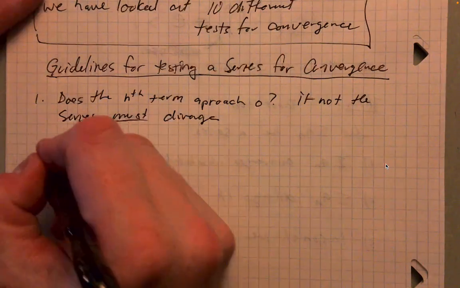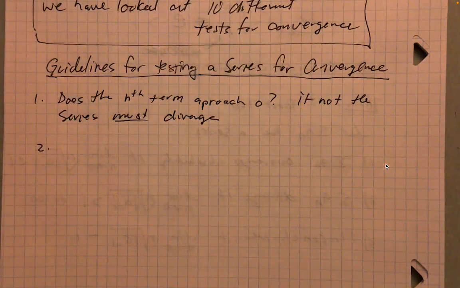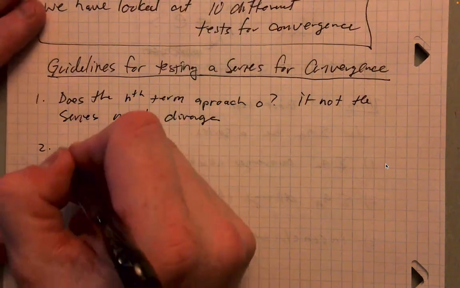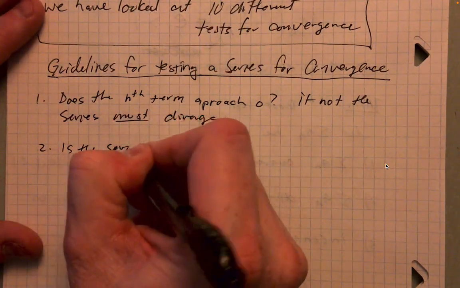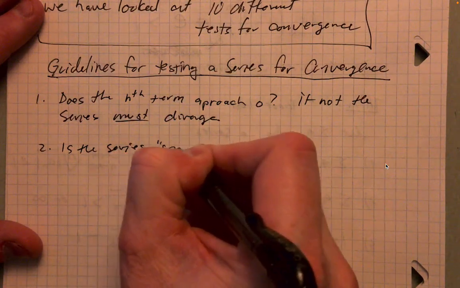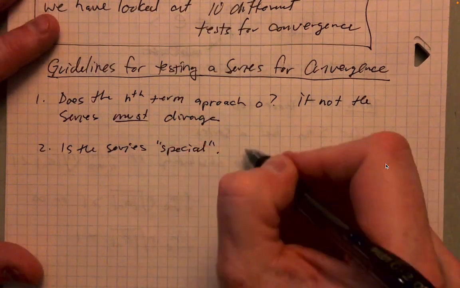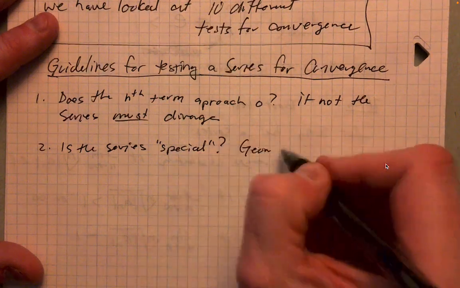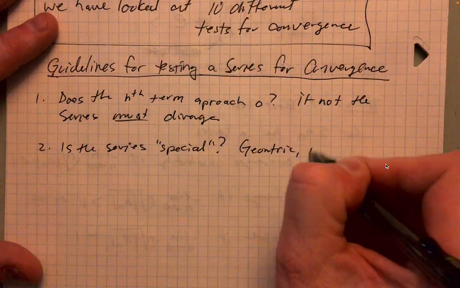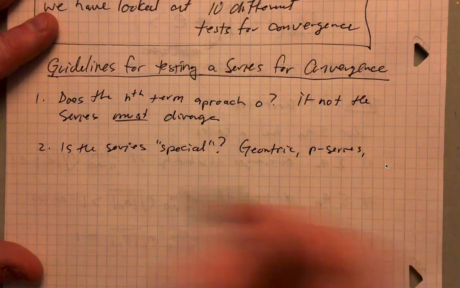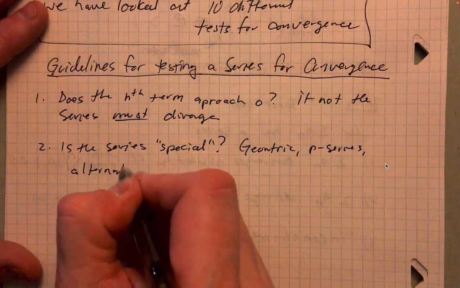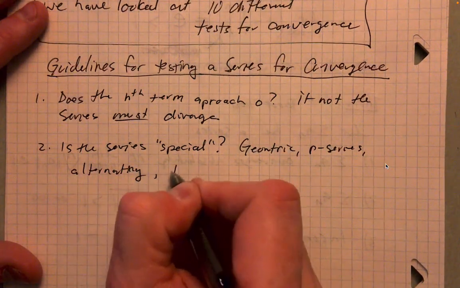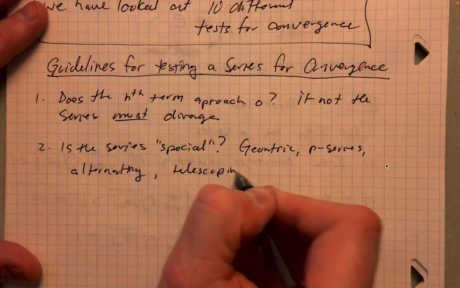Second thing I would look at: is the series one of our special types? I'll just put special here. Is it geometric, p-series, alternating, telescoping?